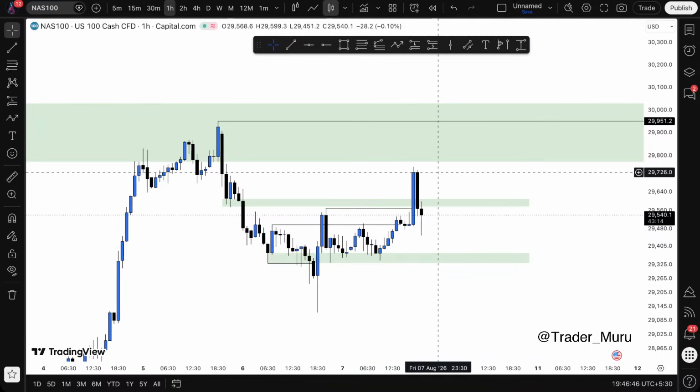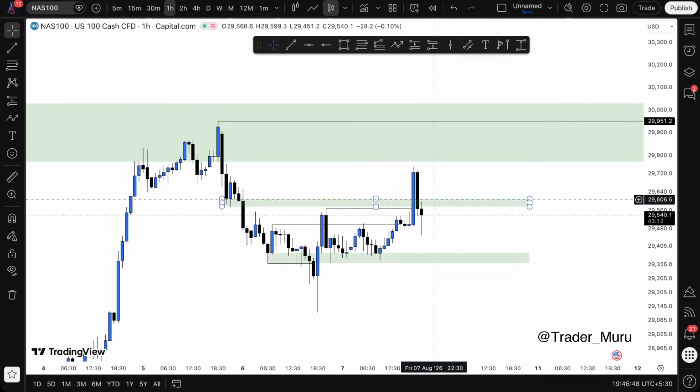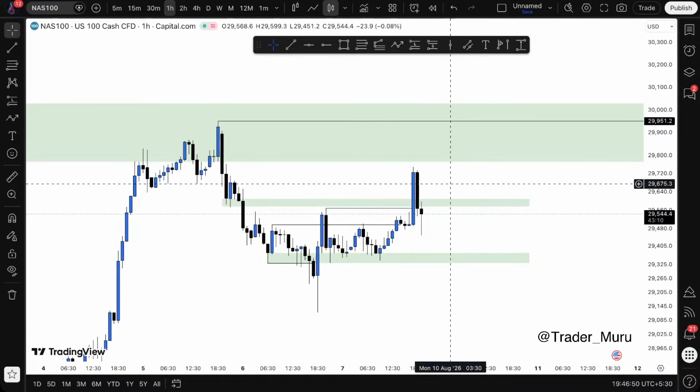But if it pumps from here back above this green zone, it will be bullish from here.